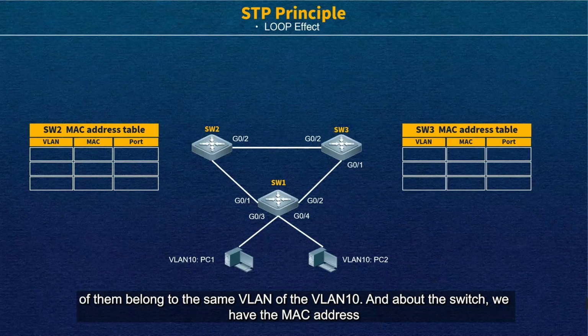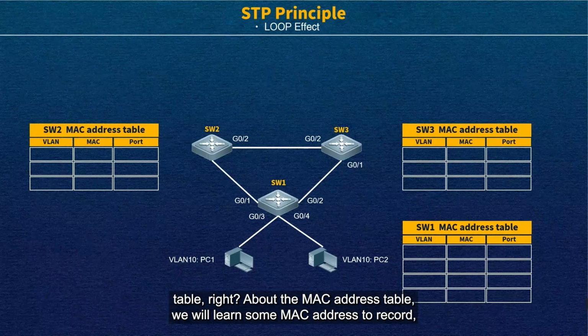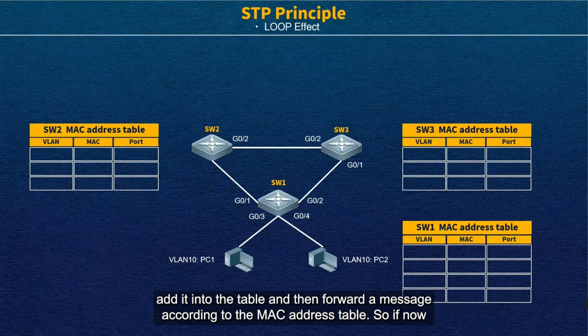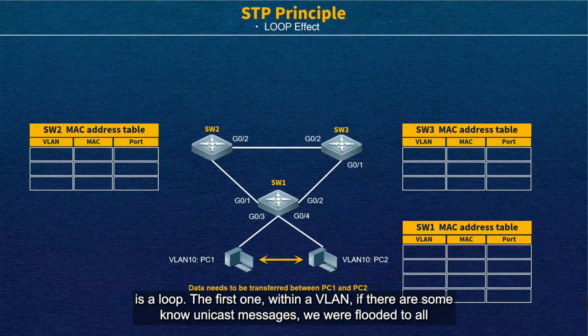And about the switch, we have the MAC address table, right? About the MAC address table, we will learn some MAC addresses, record them, add them into the table, and then forward the message according to the MAC address table. So if now PC1 and PC2 have to forward messages to each other, let's say the process if there is a loop.